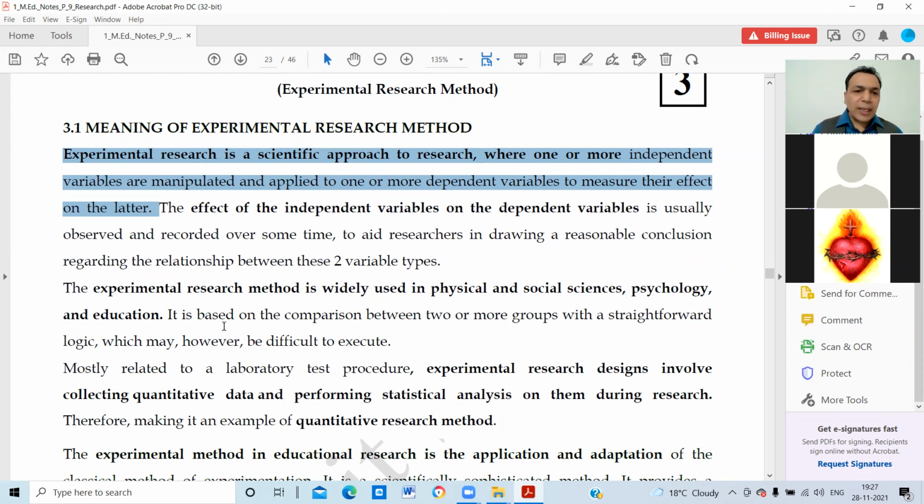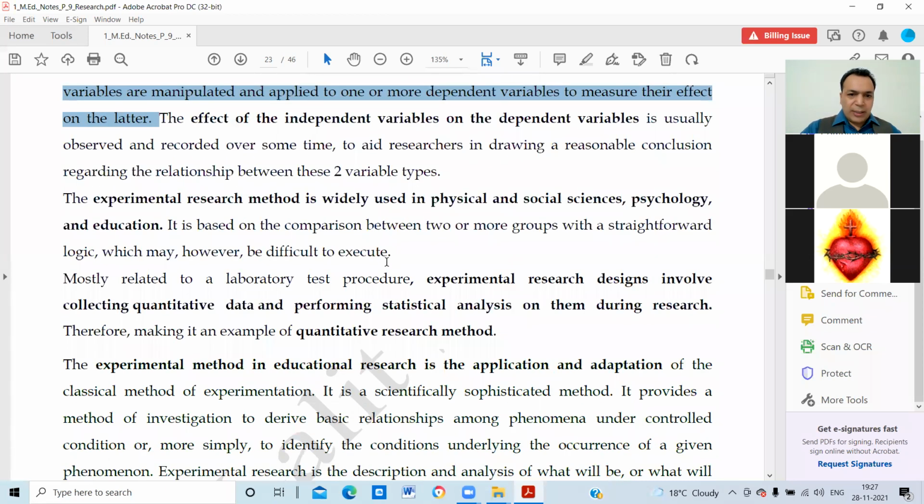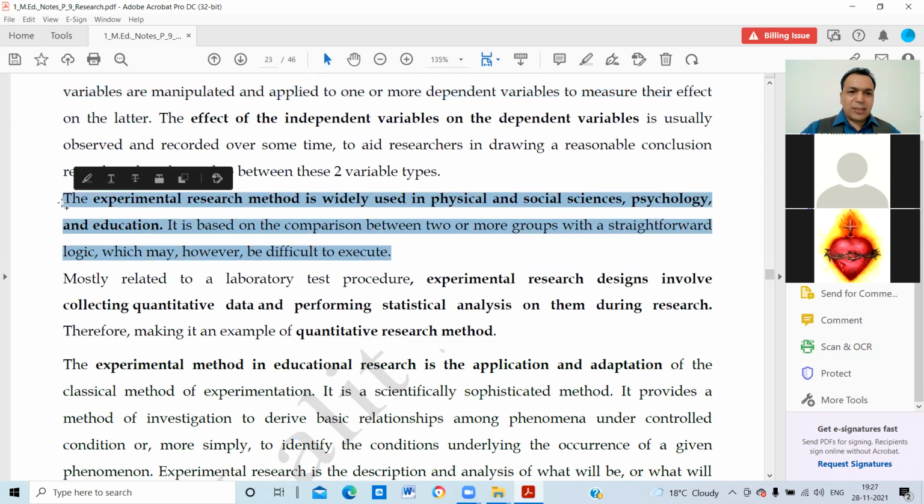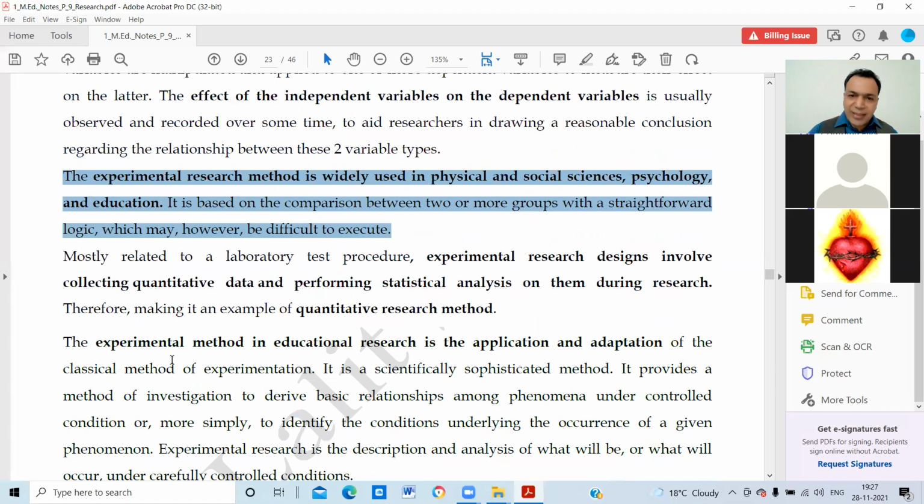We will discuss further what they are. But here you should know that this type of research is widely used in physical science, social sciences, psychology and education also. It is based upon comparison between two or more groups with a straightforward logic, which may however be difficult to execute, right?